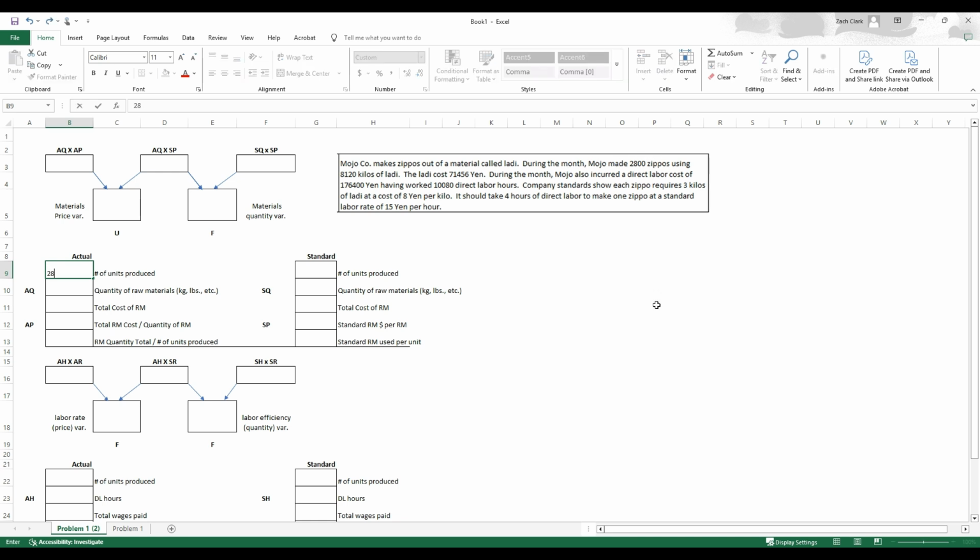We got 2,800 Zippos using 8,120 kilos of whatever this stuff is, lobby. I'm not sure if that's a real thing, but that's what we're calling it. The total cost of this material is 71,456 yen.